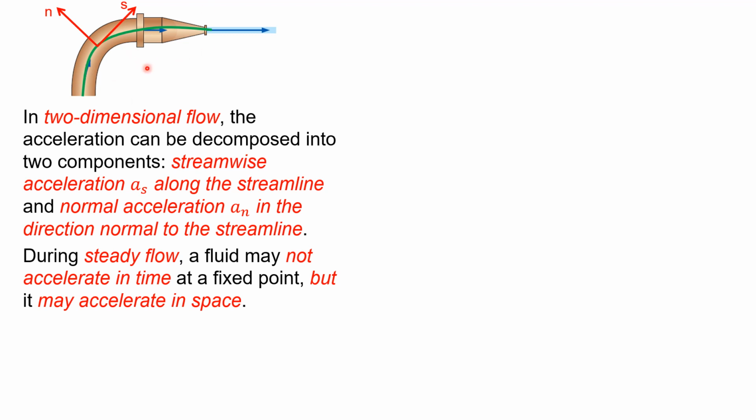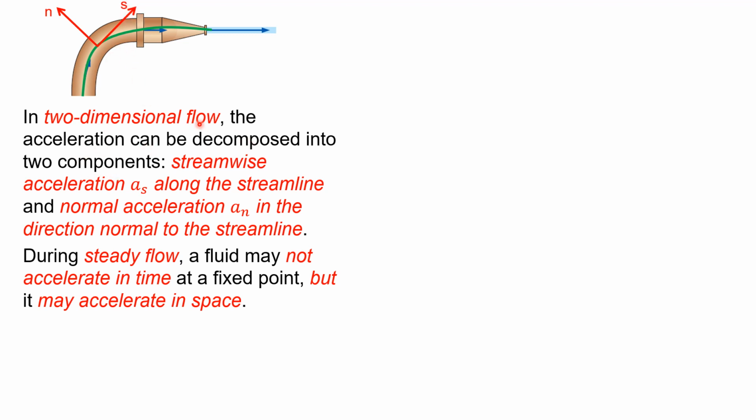Okay, so let's say you do a two-dimensional flow. This is a streamline, the green color. It will go straight. But if you take a two-dimensional flow, two-dimensional means two directions. Like here you can see the direction normal to the streamline, which is n, and the direction tangential to the movement of the fluid, which is s.